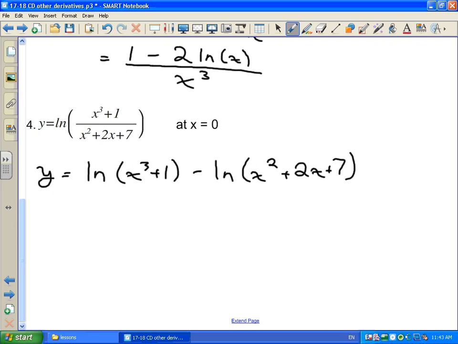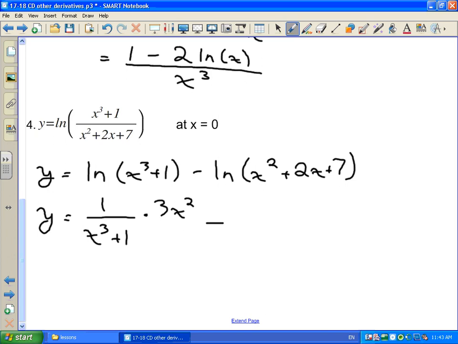Okay. Now if I want to take my derivative, these are much easier to take our derivative of because we can do the derivative of this first term, then minus the derivative of this second term. So we apply our rule for derivatives here. We get 1 over our inner function, so 1 over x cubed plus 1, times the derivative of that inner function, which is going to be 3x squared.